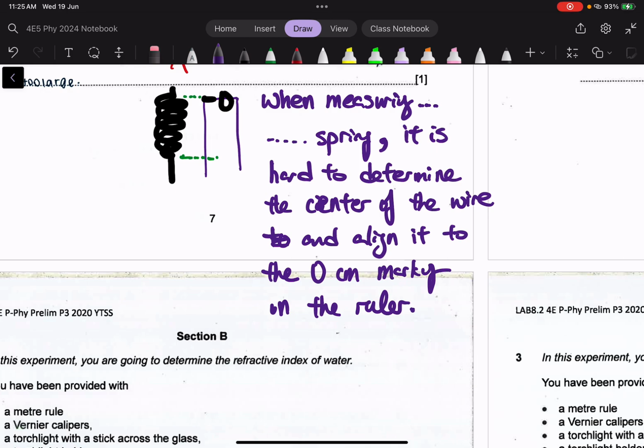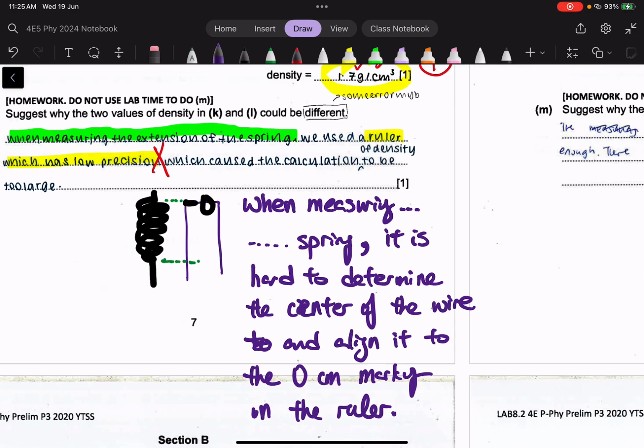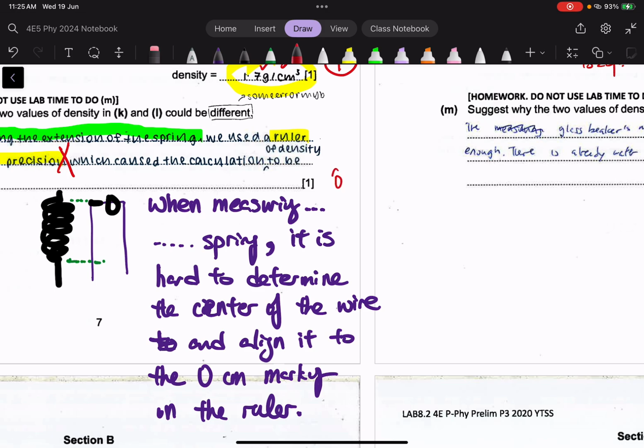And you can repeat the same thing and mention that it is also hard to determine the center of the wire at the end of the spring and align it to the 0 marking, right? So it's not about the precision of the ruler. Okay, so unfortunately this one cannot give you lah.